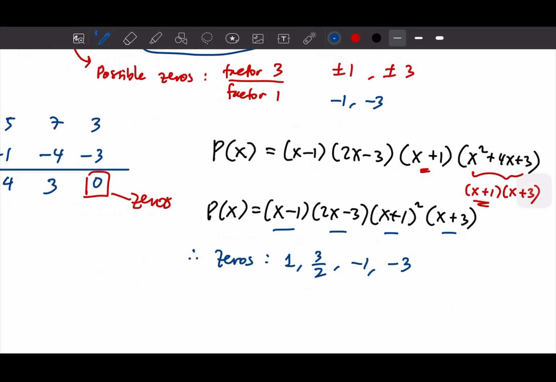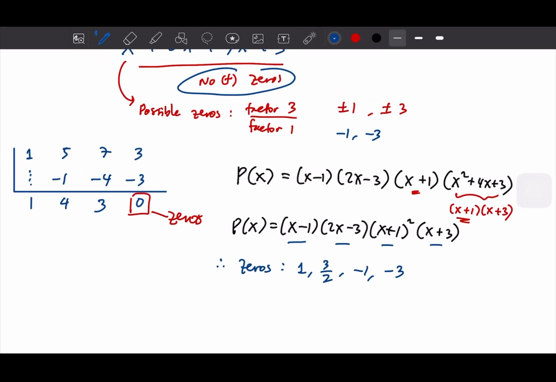Okay. So let me go through some review. The Descartes rule and our possible zeros, we could repeat this process many times, depending on how long our equation is or how high our degree.